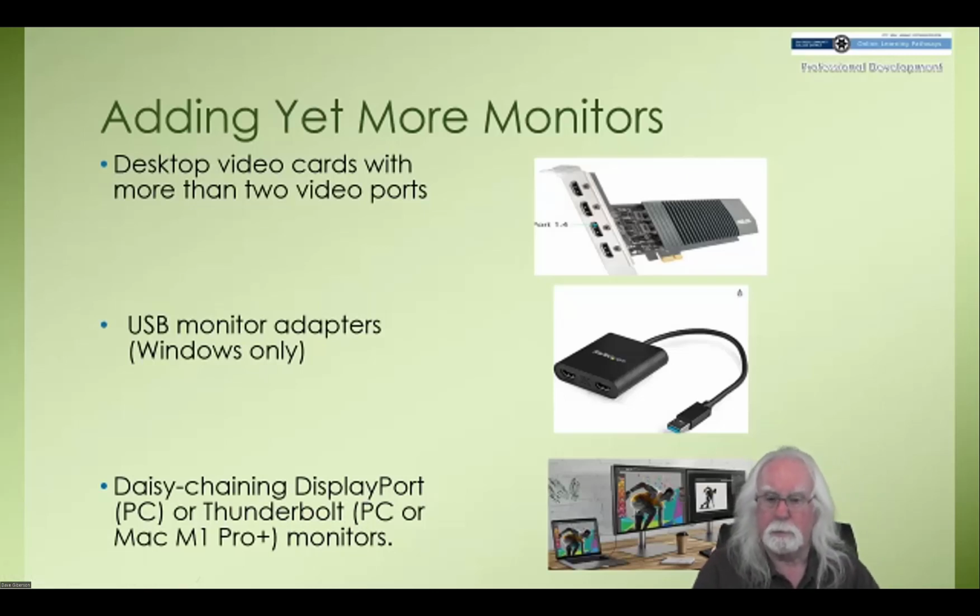You can run a cable from the computer to the first monitor, and then a cable from the second monitor to the third. And if you have some of the very newest Macs, like the ones that just came out in the last year with M1 Pro, M1 Max, or M1 Ultra chips in them, or the new M2 chip that was just announced the other day, they can handle up to 4 or 5 monitors daisy chained this way.